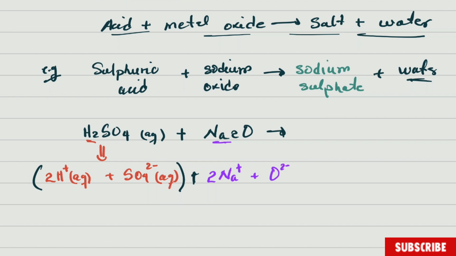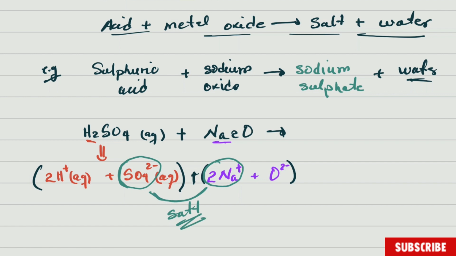Now the salt is coming, as we said before, from the combination of a negative ion from the acid, which is the sulfate, and the positive ion from the base, which in this case is the sodium ion. So when these two combine, they will give you the salt.